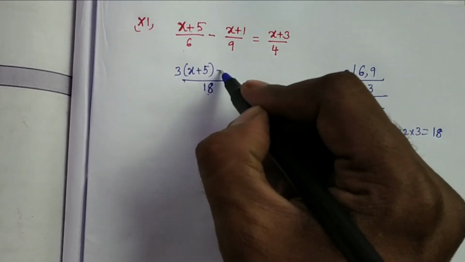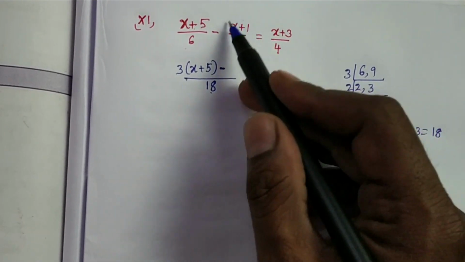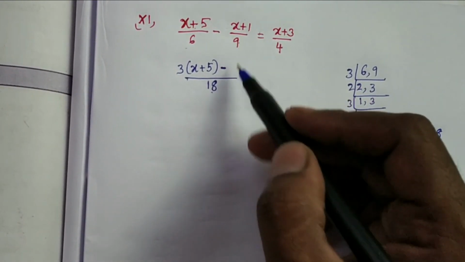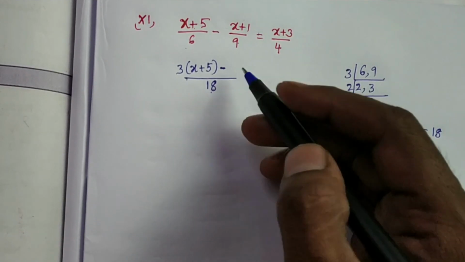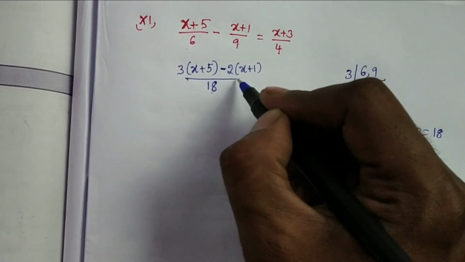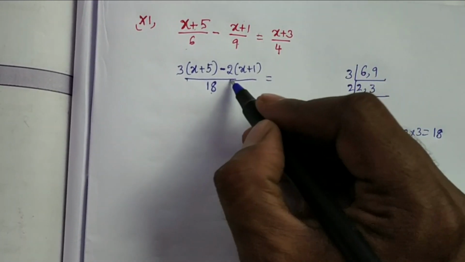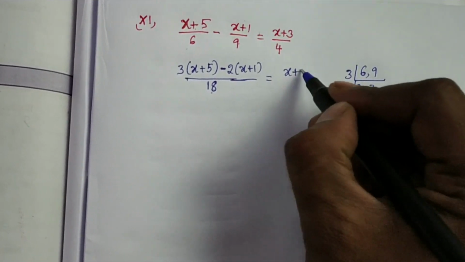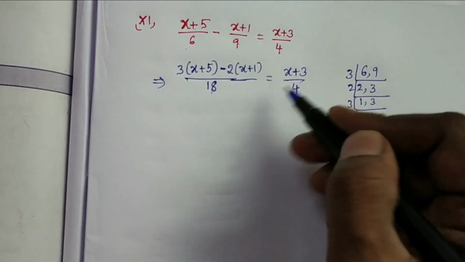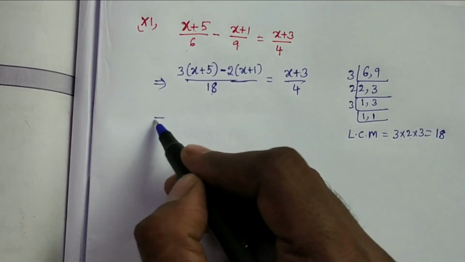Here the symbol is minus. And again, in the second fraction, the denominator is 9. So 9 in LCM 18, 2 times will cancel. So 2 into (x plus 1) is equal to (x plus 3) by 4. Right hand side you write as it is.